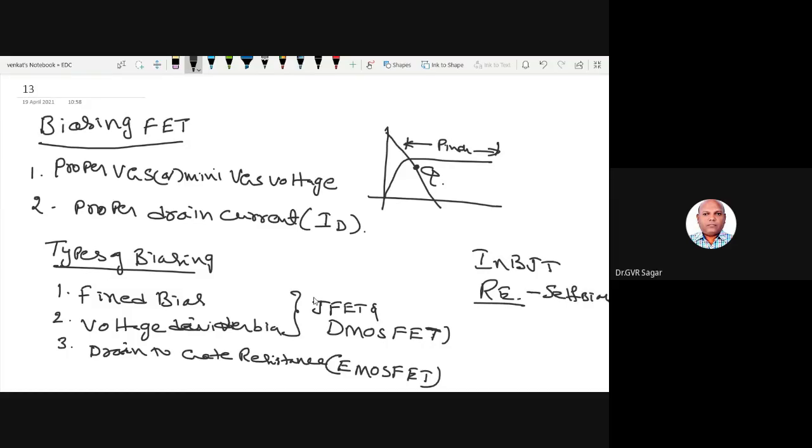If you add this RE to the transistor, whether it is in a fixed bias or a voltage divider bias, that bias becomes a self bias. Same here. For a FET, you have to add RS, the source resistance.